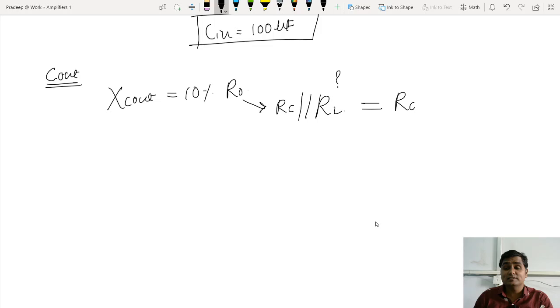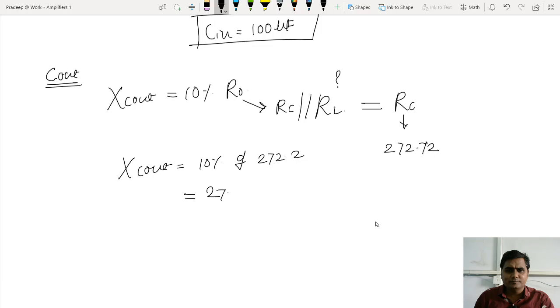It is 272.72. So XC out is equal to 10% of that ohm value. Then, following the same process, use the calculator efficiently. Then C out will be 284 point something microfarad. So 230.